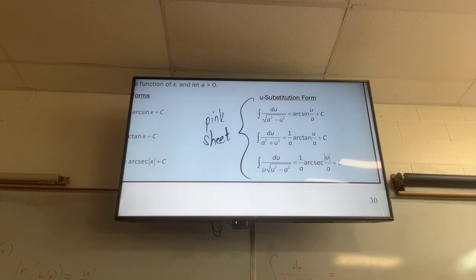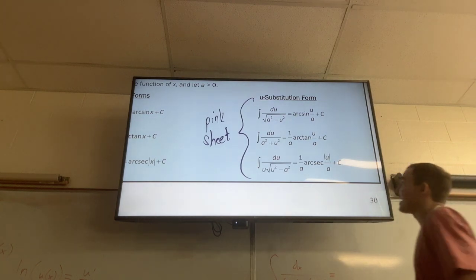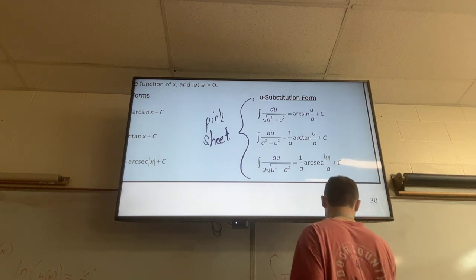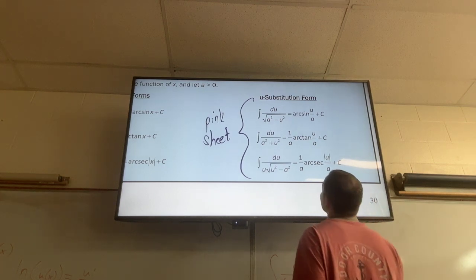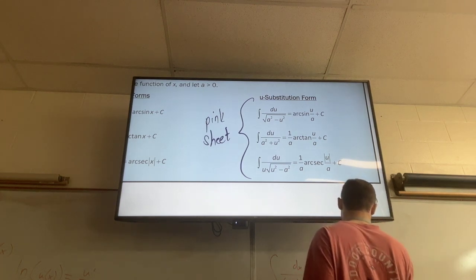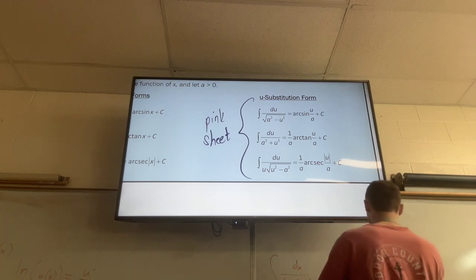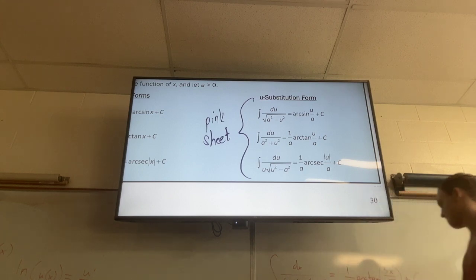That's where I got my a and my u from. So my answer is 1 over a, so 1 over root 2 times the arctangent of u, 3x over root 2, plus c.